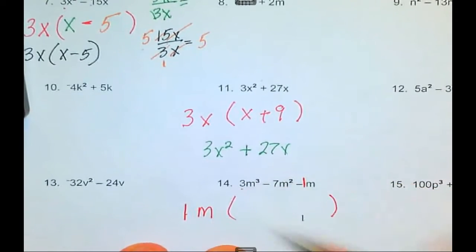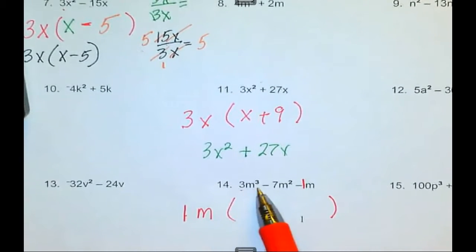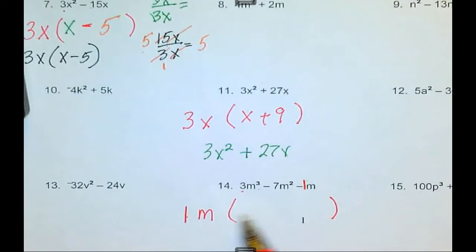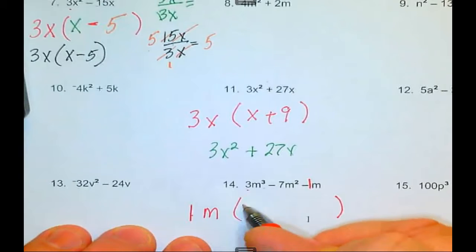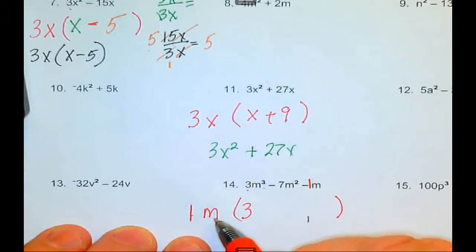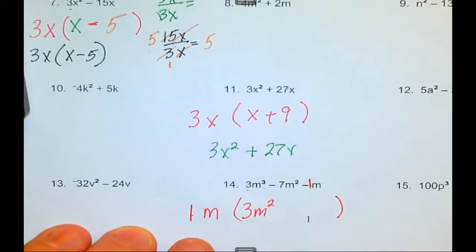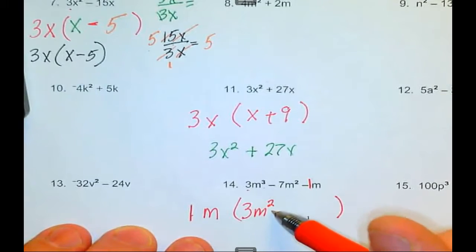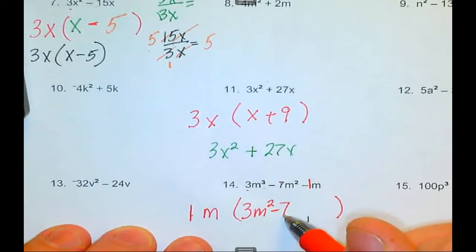So m to the first. Okay, 3m cubed divided by 1m leaves me with, well, first of all, 3 divided by 1 is 3. M cubed divided by m, it leaves me with 2 m's left. Minus 7 divided by 1 is 7.